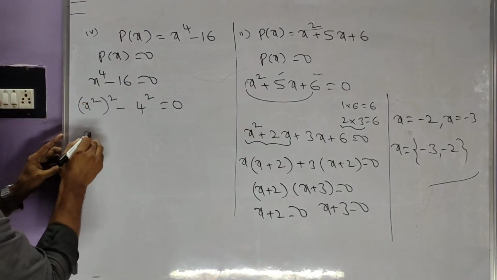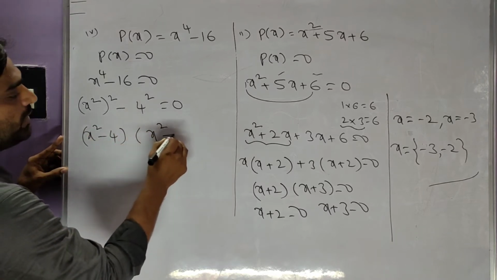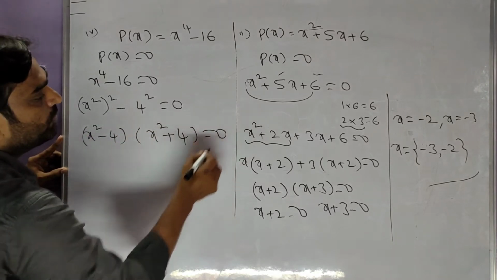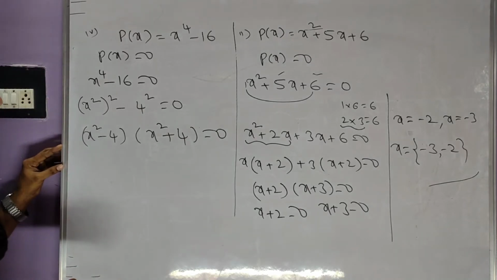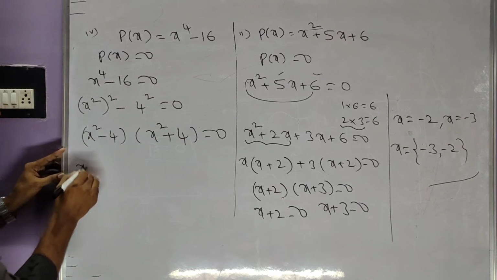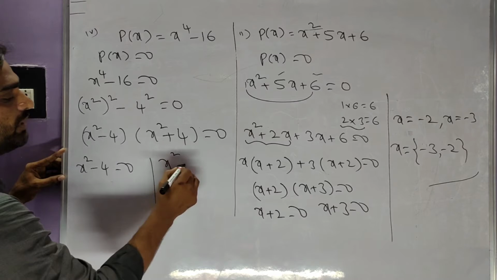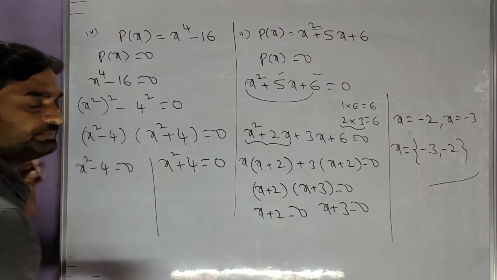So (x square minus 4) into (x square plus 4) is equal to 0. The 0 belongs to both factors, so x square minus 4 equal to 0 and x square plus 4 is equal to 0.